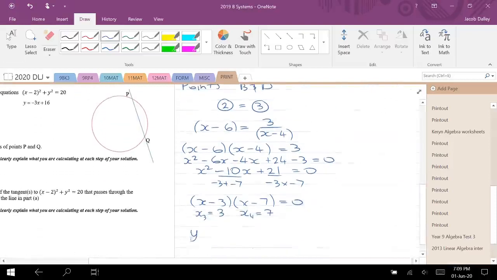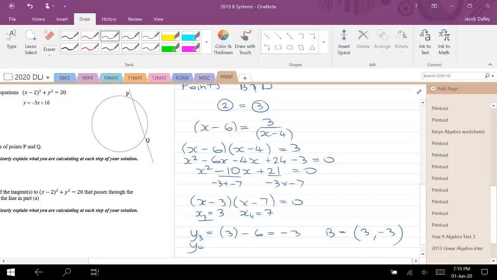To find the y values, we simply put our x values into the line formula. So instead of x minus 6, we've got 3 minus 6 will give us negative 3, which corresponds to point B, which has got x equals 3, y equals negative 3.